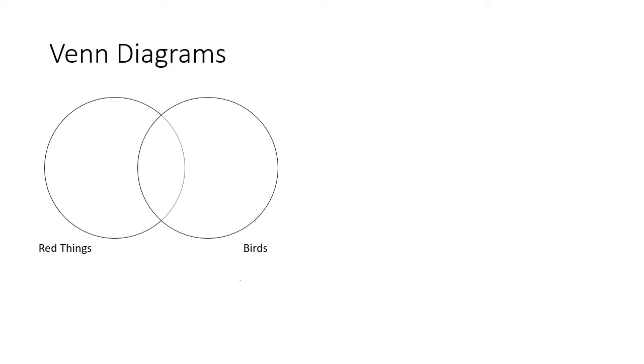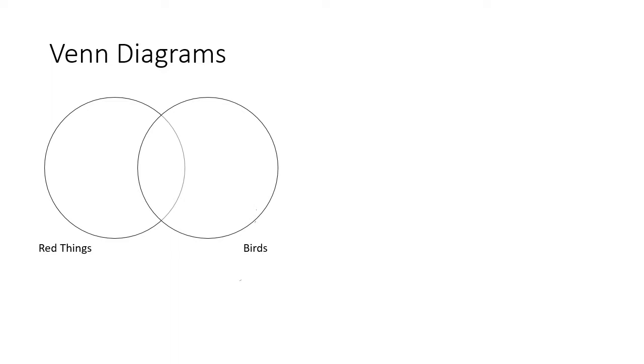Being in the right circle means that you're a bird, and of course you could be in this overlap area, this area that kind of looks like a football, and that represents being both. So you're both a red thing and a bird. So in the middle here would be anything that's a red bird.